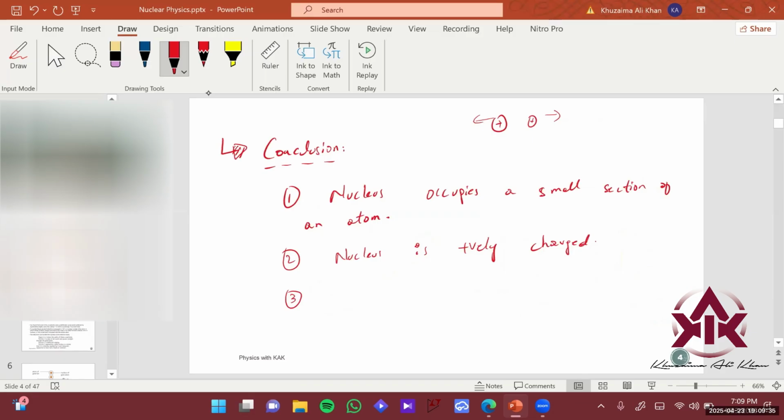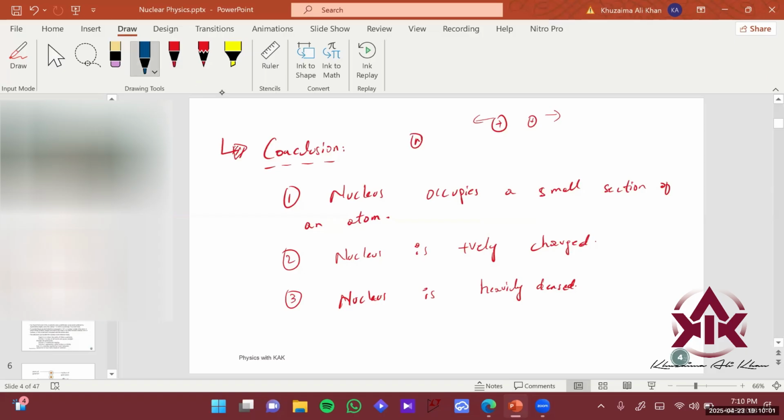The third basically leads towards this particular conclusion that the nucleus is heavily dense, right? What do I mean by that? It occupies a very small volume, but if a particle hits straight towards the nucleus, let's say this is the nucleus here, right?